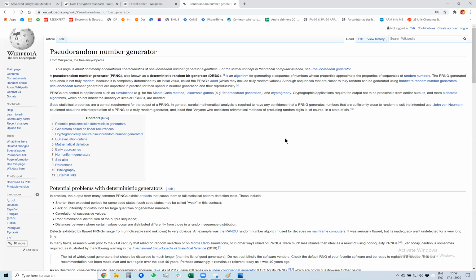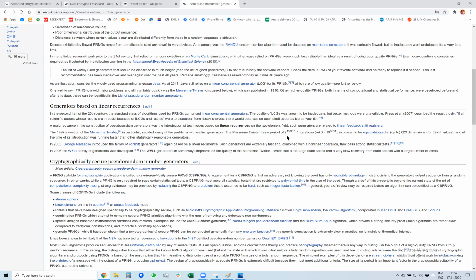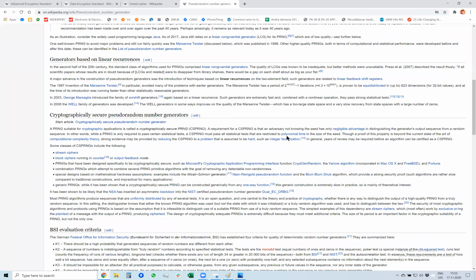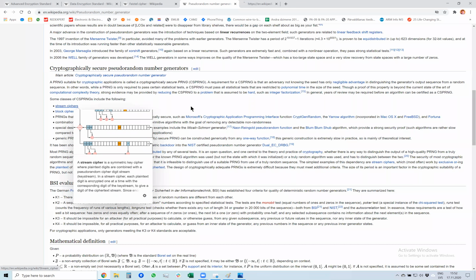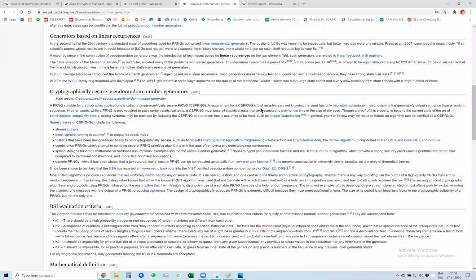Does it have any examples here? Well, usually stream ciphers generate a pseudo-random number stream.